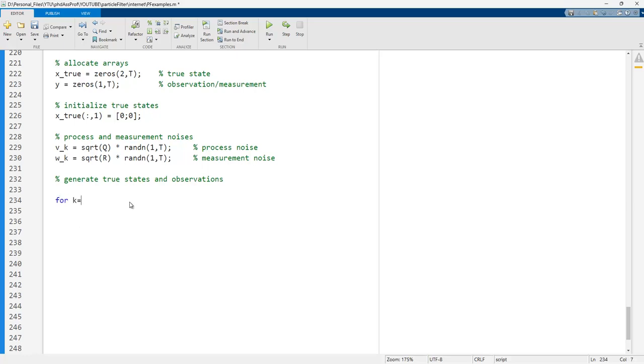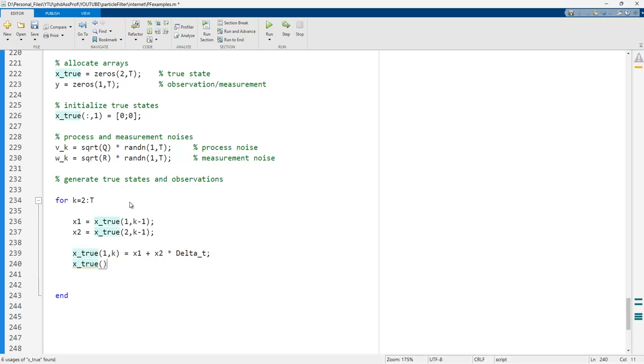for k equals 2 up to T. x1 is x true 1 at k minus 1, x2 is x true 2 at k minus 1, because it's the velocity, and x true 1 at k is equal to x1 plus x2 times delta t. Okay, this is the backward Euler representation.